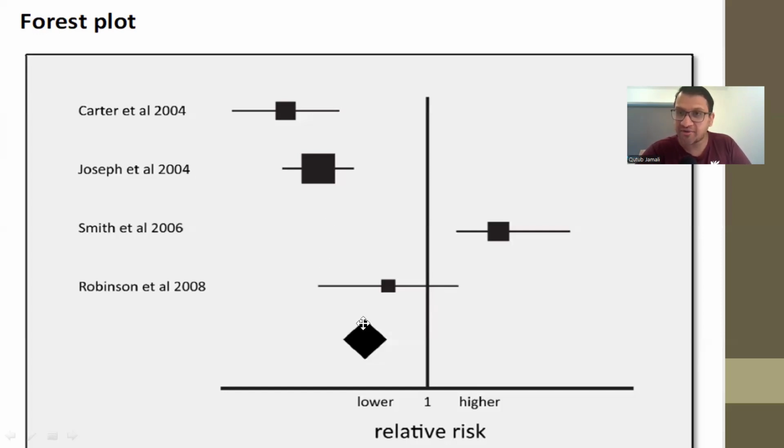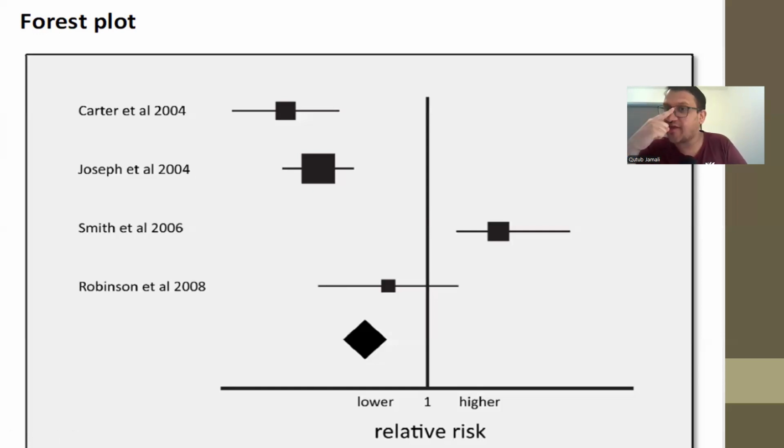And if the diamond shape is either on the left or the right, wherever it falls, it means that whether the risk is high or low is statistically significant. In this case, the relative risk being low and the diamond being on the left side means most of the studies suggest that the relative risk is low. Okay, so these are the common things you look into in the forest plot.